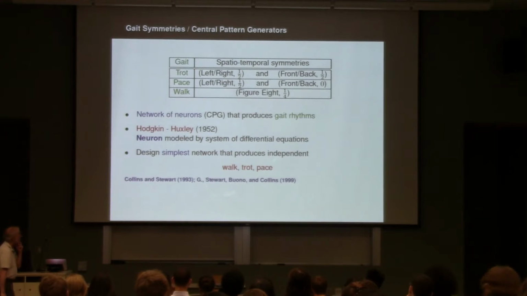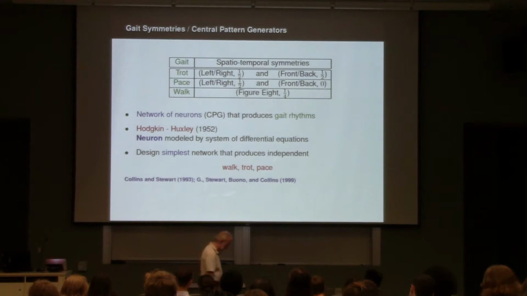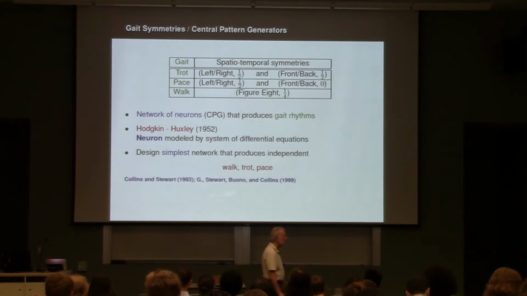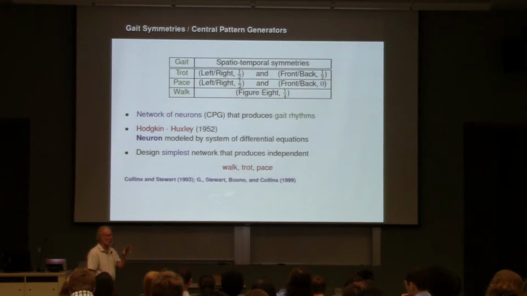Okay. Well, now for the neuroscience, a very small part of neuroscience. Hodgkin and Huxley got a Nobel Prize circa 1960, I think, for work that they did circa 1950 on writing down a model for a neuron, a differential equations model for a neuron.